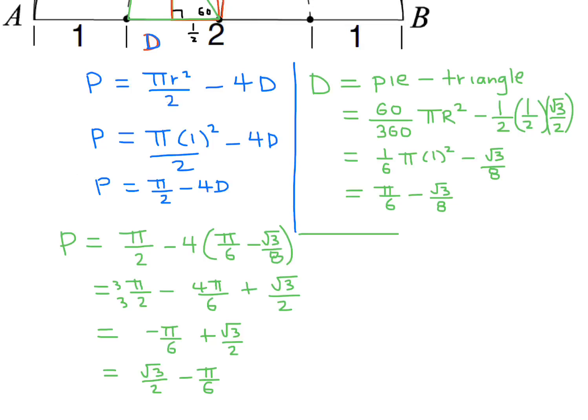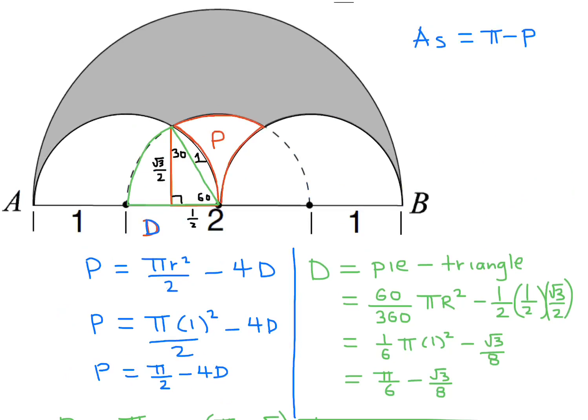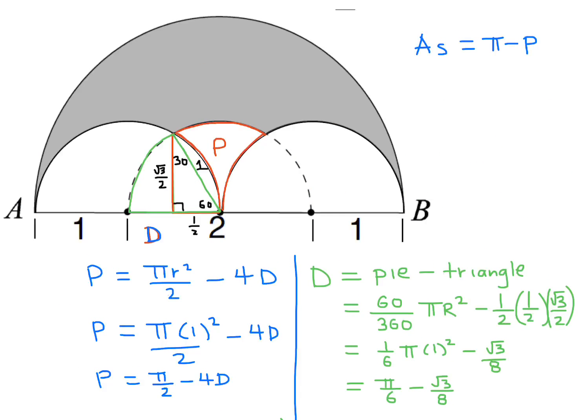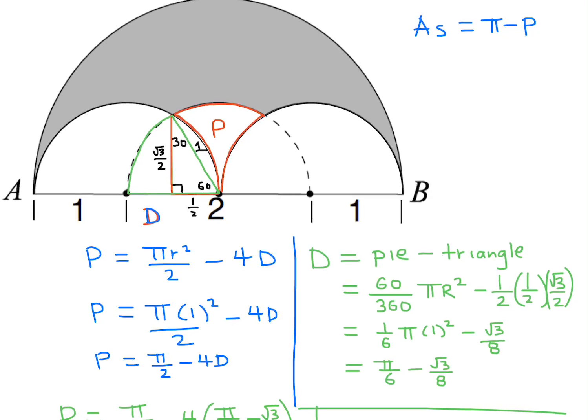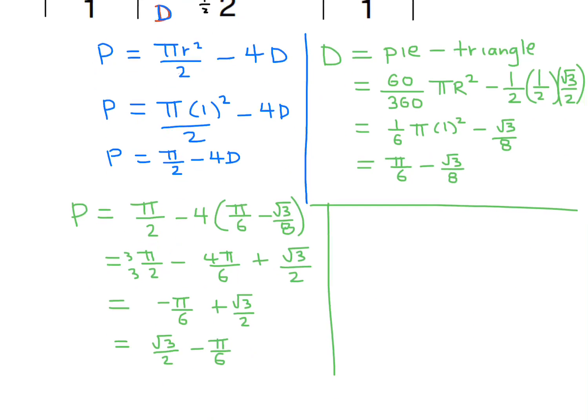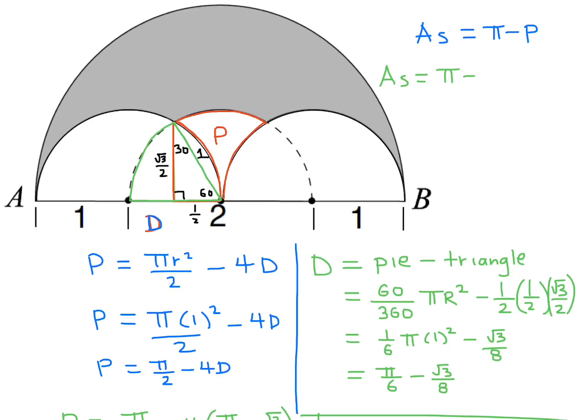So now we are at our final step. Our final step was written all the way up here. Area of the shaded region is pi minus p. So here we go. Pi minus p. And what is p? It's √3 over 2 minus pi over 6.